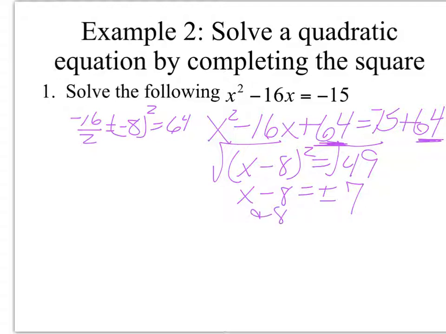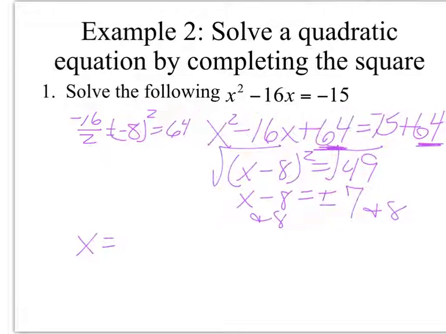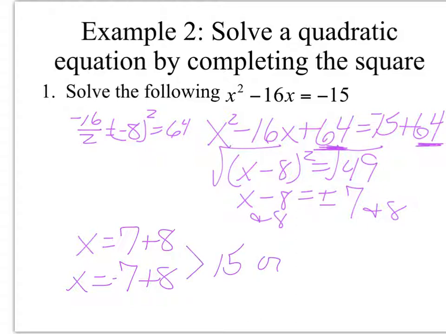So I'm going to add 8 to each side. So we're going to end up with x equaling 7 plus 8, and x equaling negative 7 plus 8, or 8 minus 7, however you want to look at it. So my two answers are going to be 15 or 1.